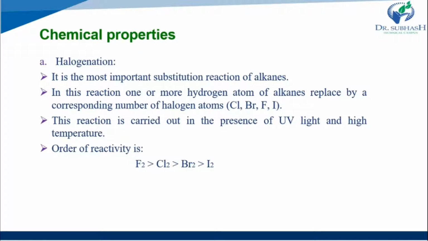This reaction is carried out in the presence of UV light and high temperature. The order of reactivity is F2 greater than Cl2, greater than Br2, and greater than I2: fluorine, then chlorine, then bromine, and iodine.